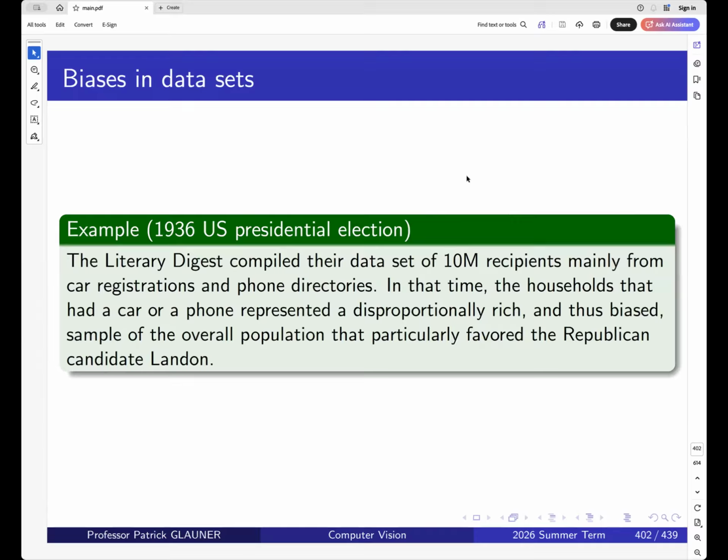A lot of people only had their private phone line maybe in the late 60s, early 70s, even in West Germany. Not speaking about East Germany, obviously, which was probably way more behind at that time. So in 36, yeah, also in the US, most people did not have a phone and did not have a car.